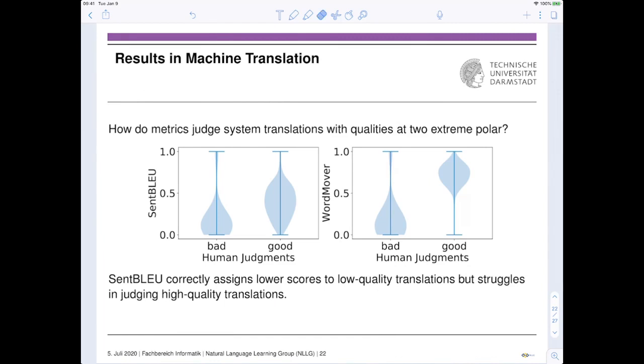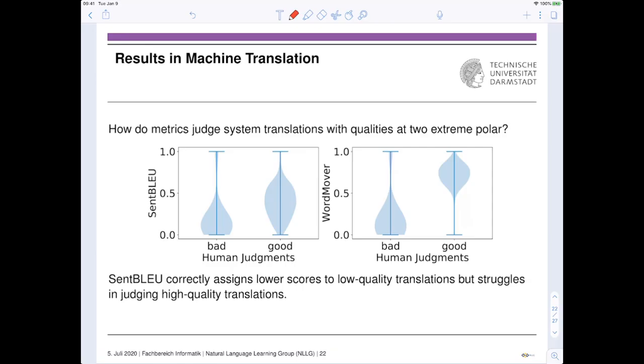Now let's see some analysis of how these metrics judge system translations with different levels of translation quality. First, we label system translations into two groups, bad quality and good quality. Then we ask sentence BLEU and our metric MoverScore to judge the system translations.